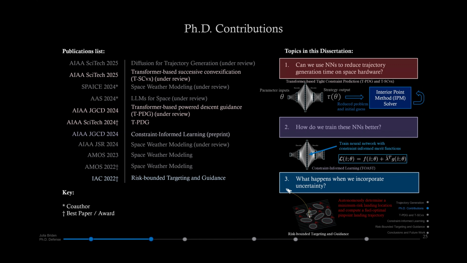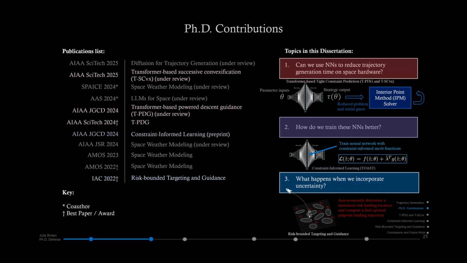So now I'll give an overview of my PhD contributions, including my list of publications. And then I specifically have 3 separate topics in this dissertation. And they cover these 3 high-level problems. So one of them is if we can use neural networks to reduce trajectory generation time on space-grade hardware. The next question is how do we train these neural networks better?